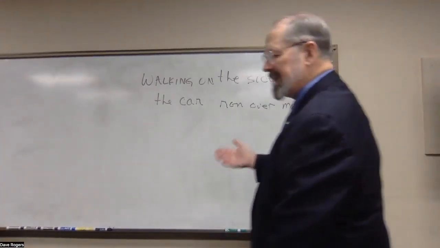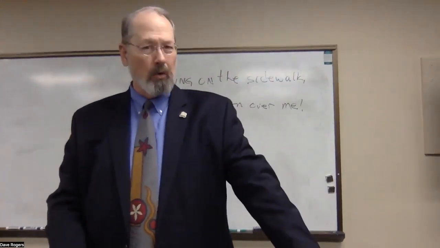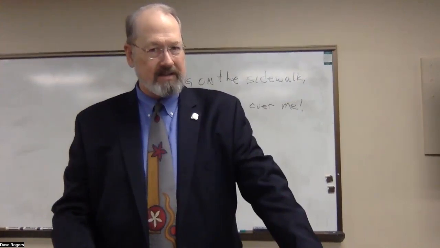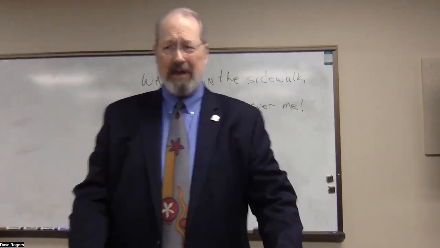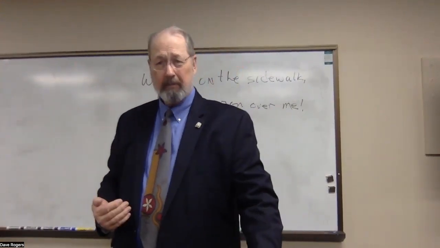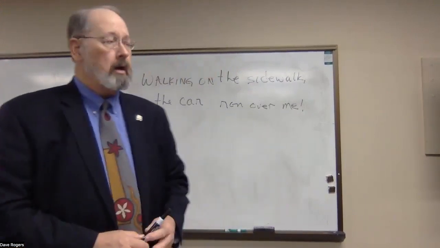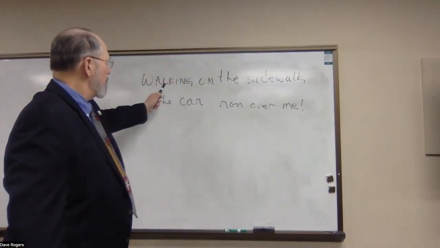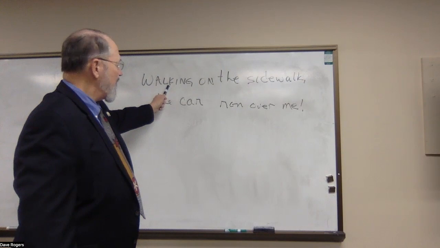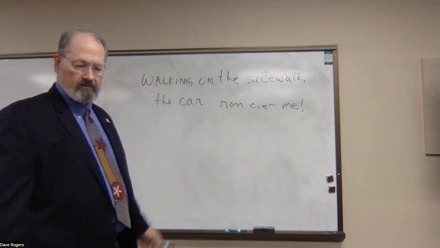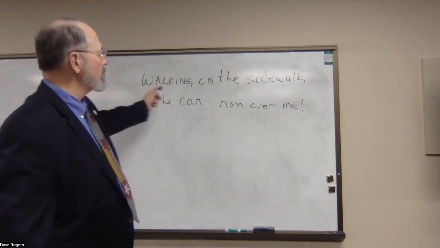When you hear that stated, you pretty well know what the speaker is trying to say. I was walking on the sidewalk and the car ran over me. But the dangling verbal phrase, walking on the sidewalk.